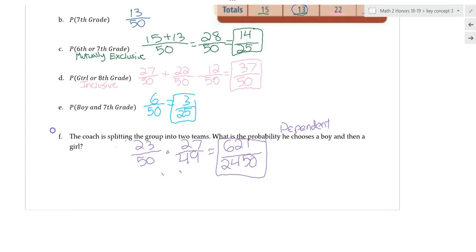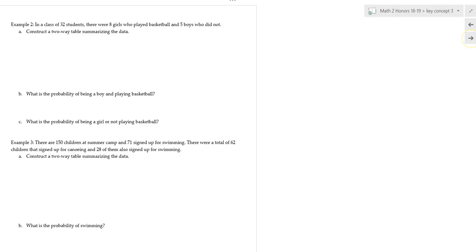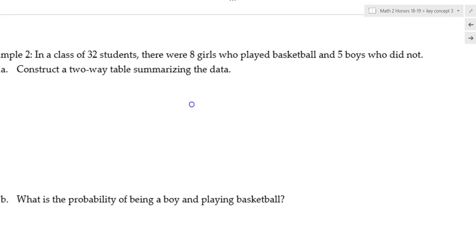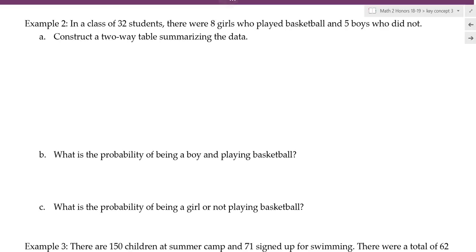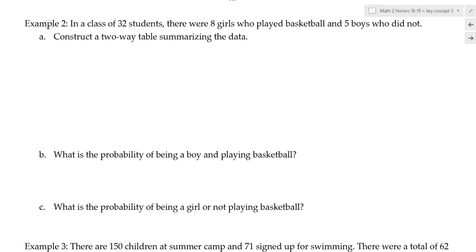All right, looking at our next page, we can also create probability tables, or two-way frequency tables. In a class of 32 students, there were 8 girls who played basketball and 5 boys who did not. So first thing we need to think about is what our 2 categories are. Well, we have girls.